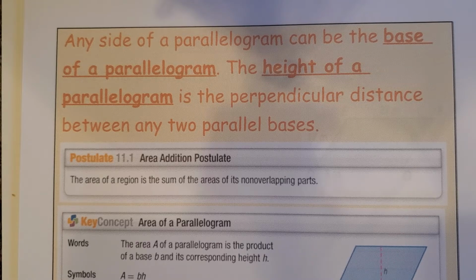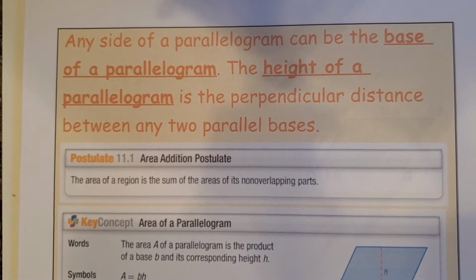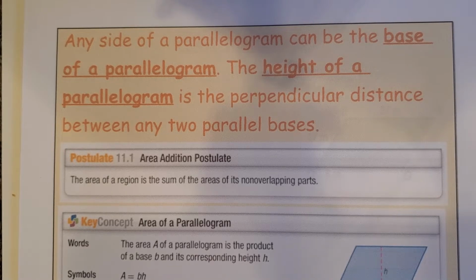I think we've talked about the area addition postulate before, maybe. I know we've talked about the segment addition postulate and the angle addition postulate, and the area addition postulate is very similar. If you have a region constructed of two figures, its area is the sum of the areas of both of those individual figures.